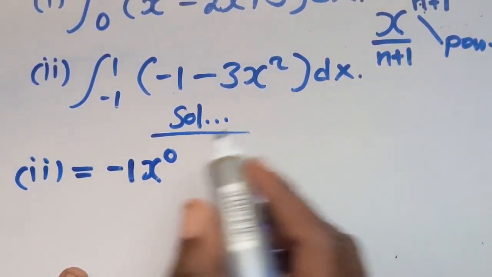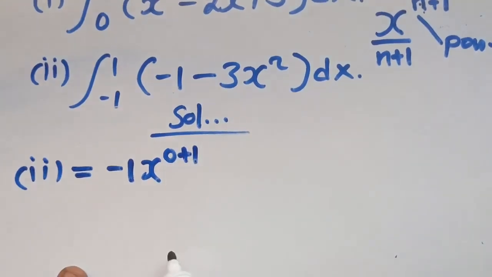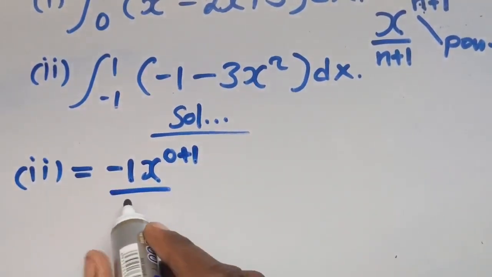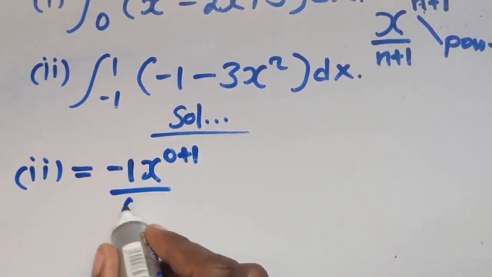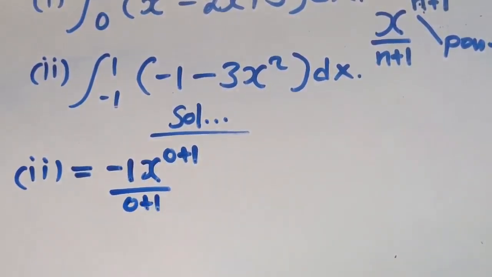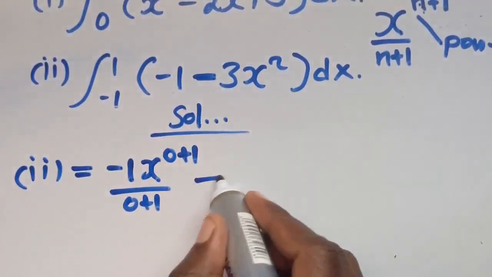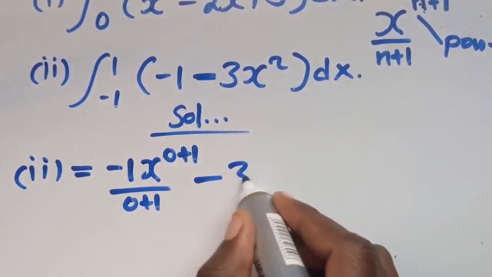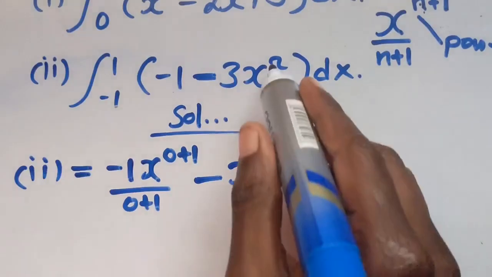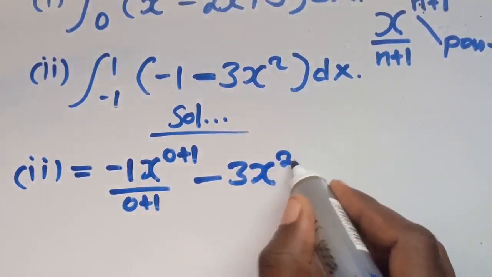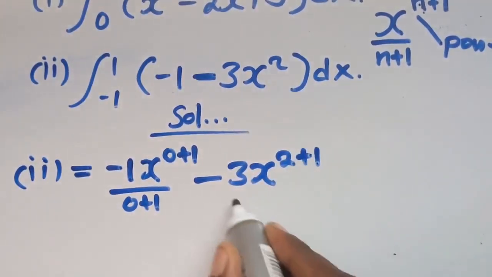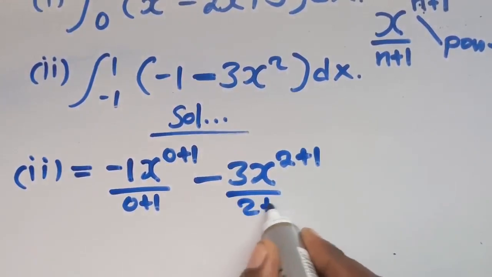Now, we said that the power, we add 1. Then whatever you are doing down there, up here, we do it down there. We are going to say +1. Then we have a minus here. So it will be 3x to the power 2 plus 1 over 2 plus 1.